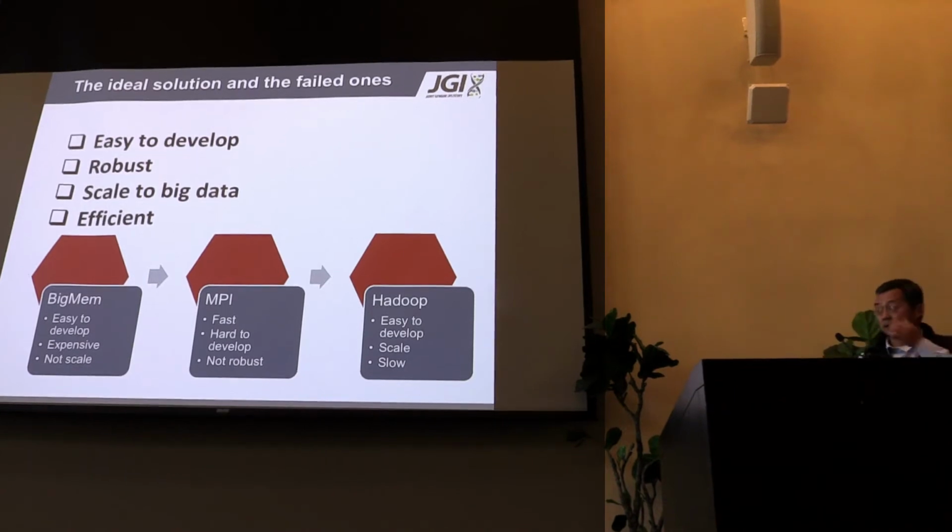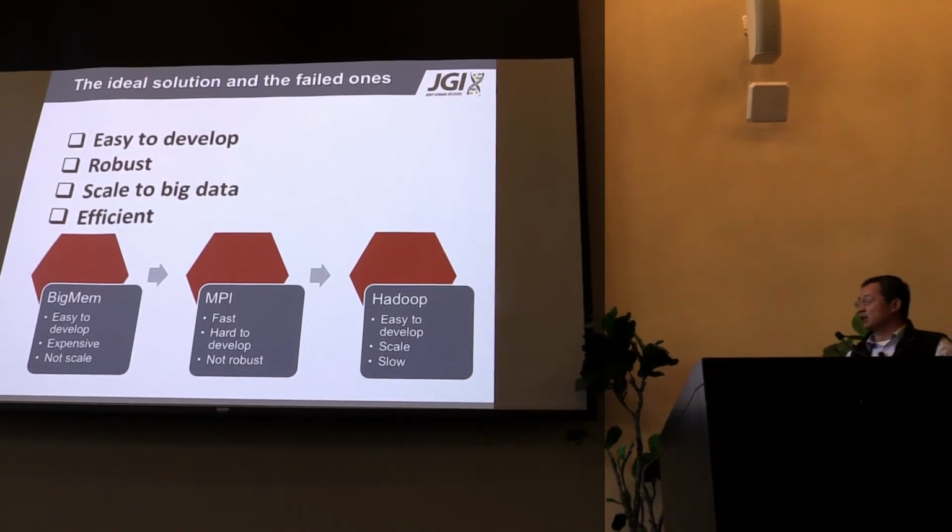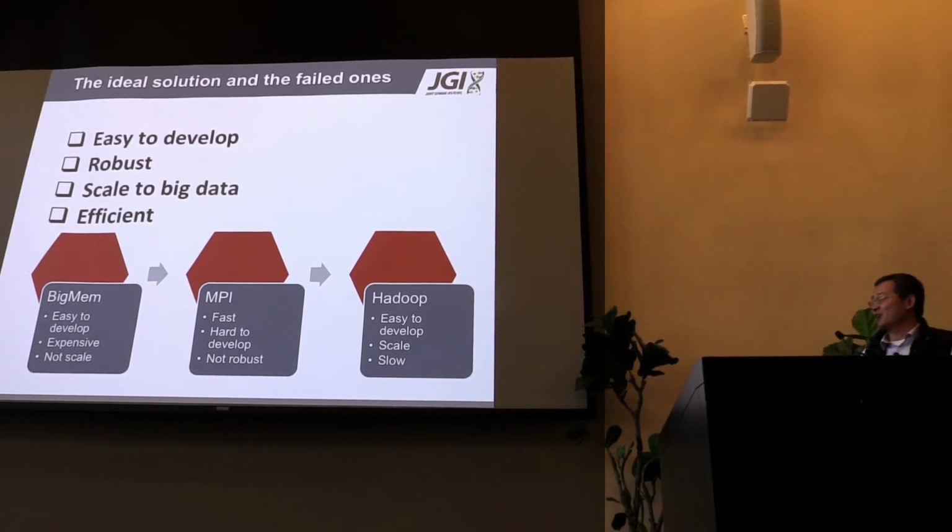In 2009, we purchased a big memory cluster, and that cost us about $1 million. We don't have to do anything to make the program run on it; it's just a bigger computer.